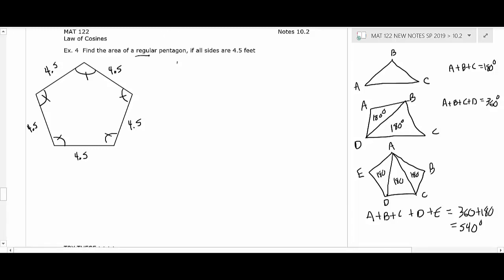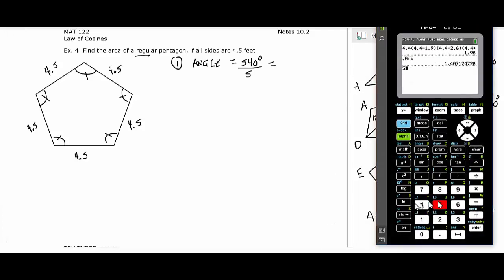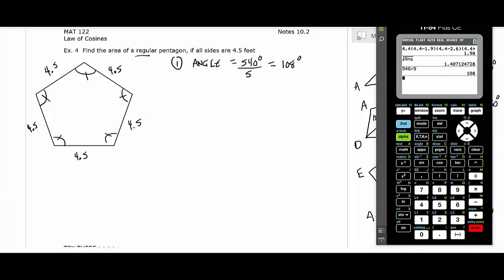So the first thing I'm going to do is figure out these angles. Each angle is just going to be found by taking 540 degrees and dividing by the 5 angles that we have. So it's a regular figure, all of the angles are the same. So 540 divided by 5, I think it's 108. So that is 108 degrees is what we know then.